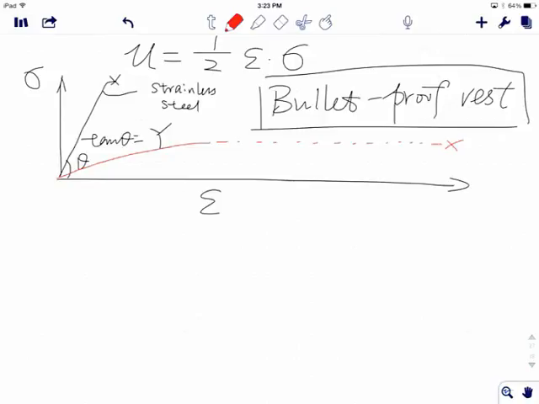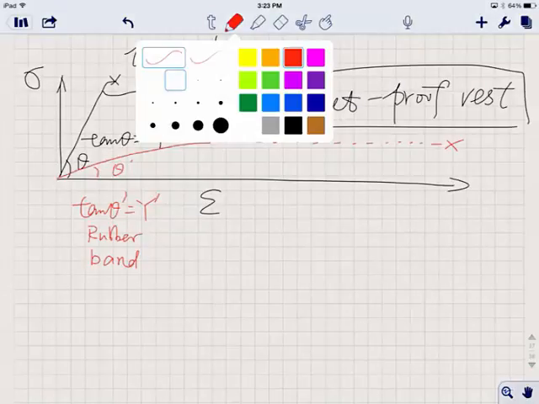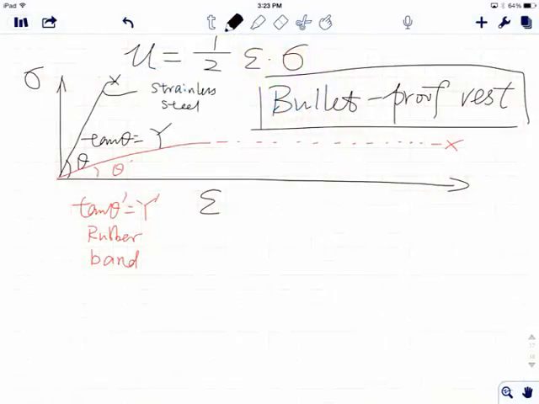Right, so this side over here, let's say this is theta prime, and tangent theta prime equals y prime. This is my rubber band. And this is my stainless steel, okay?